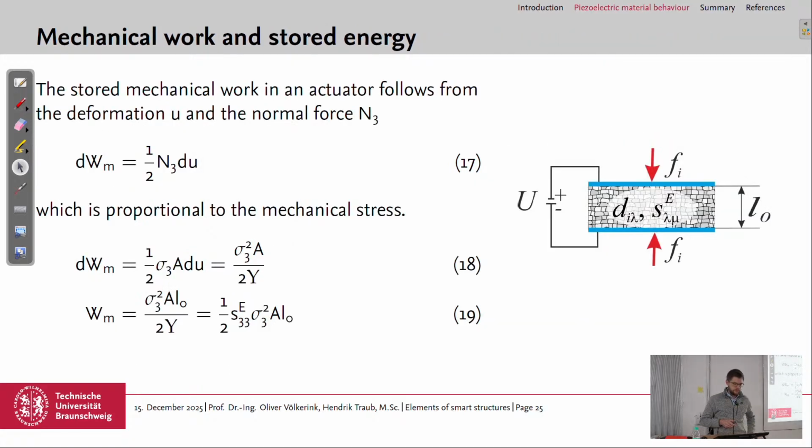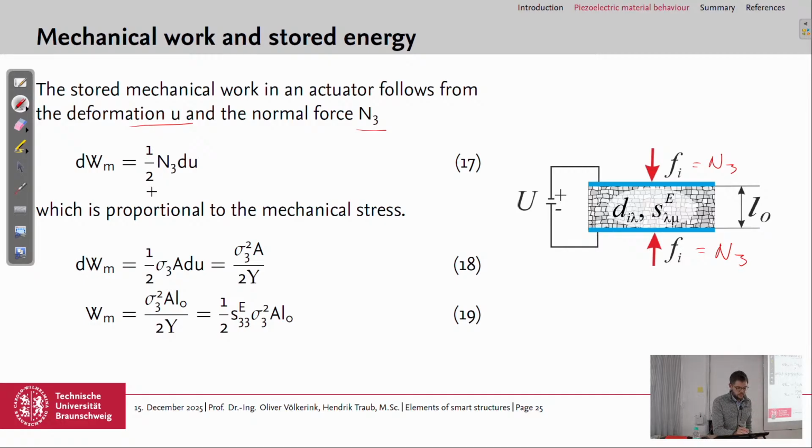We now have a look at the mechanical work and stored energy. So the stored mechanical work in an actuator is caused by the deformation U and the normal force N3. So this is N3 now, normal force in 3 direction.